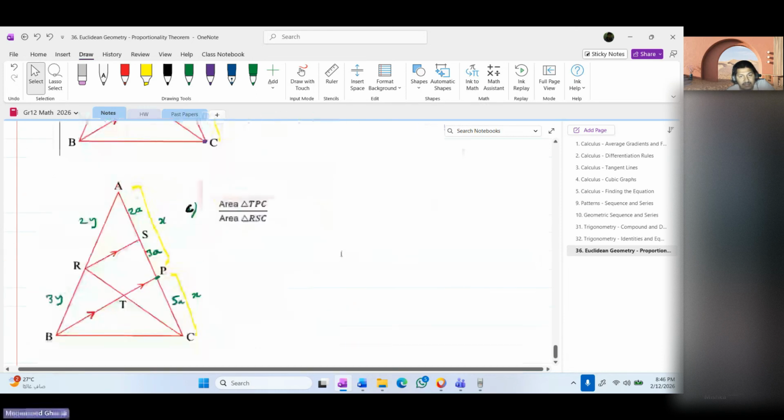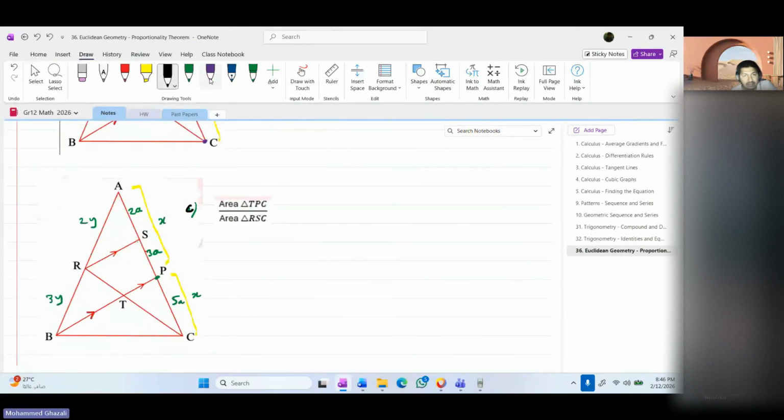It was 3:5, right? So now we need to put different variables here. We put 3K is to 5K. Now, area of triangle TPC and RSC.